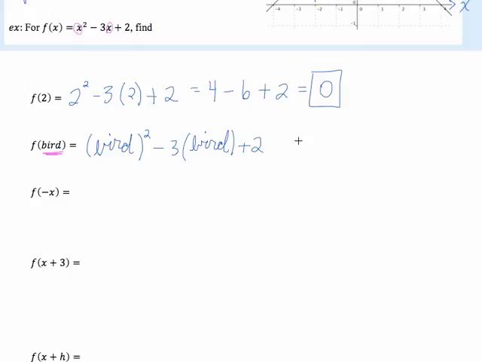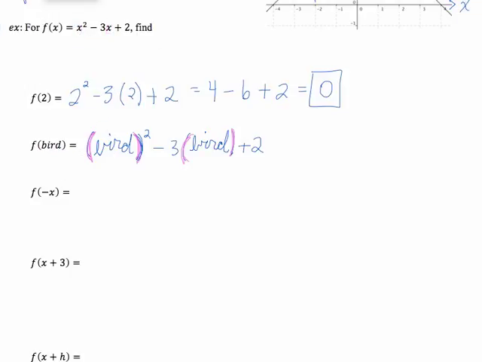Okay? Makes no mathematical sense, but the point is, whatever's inside this parenthesis, you replace all of this variable, in this case x, with whatever that is, in parentheses. And it's important, if it's not just a simple number 2, to put it inside of parentheses for each of these variables up here.